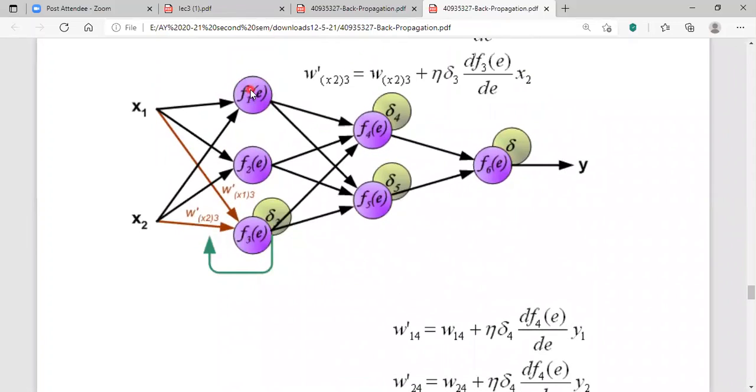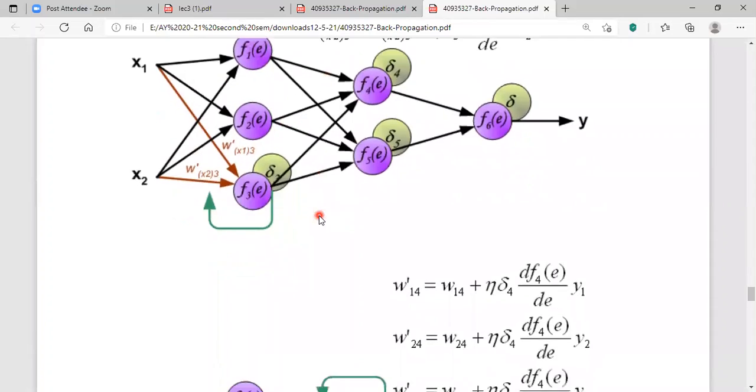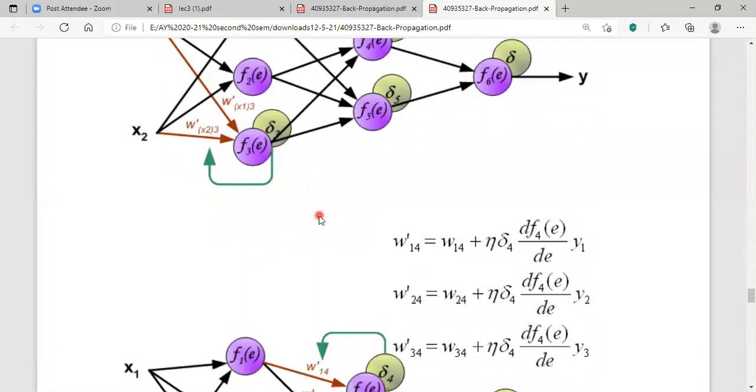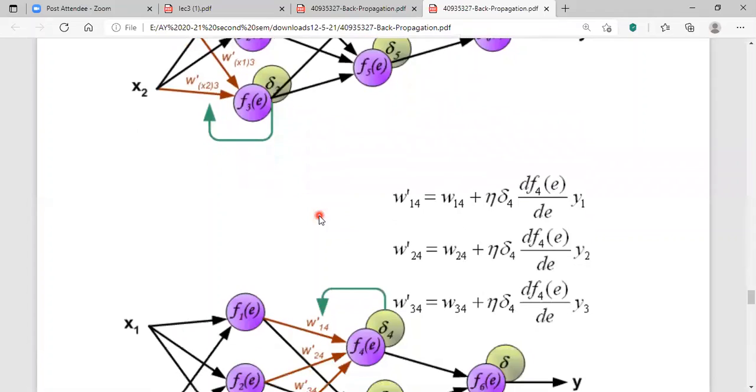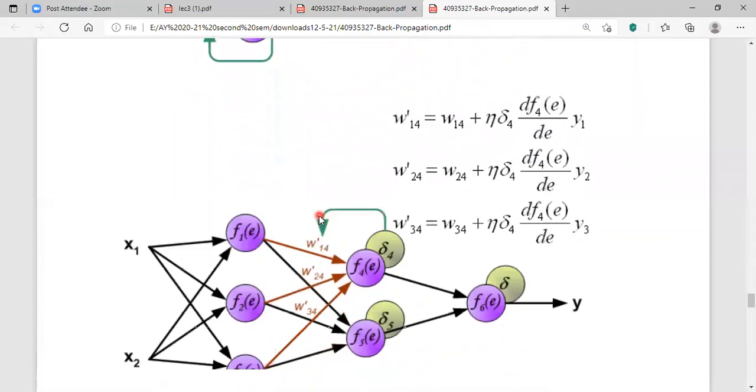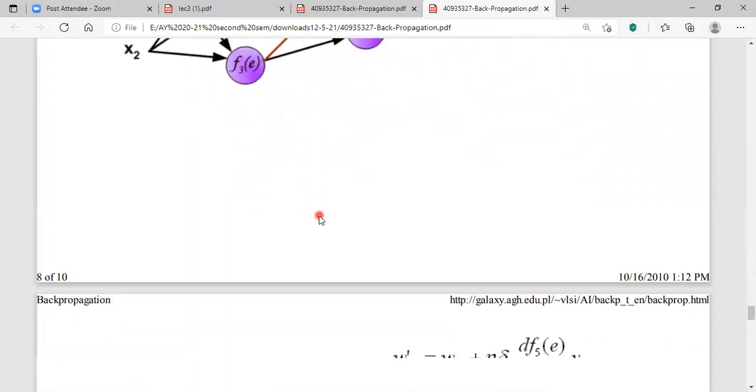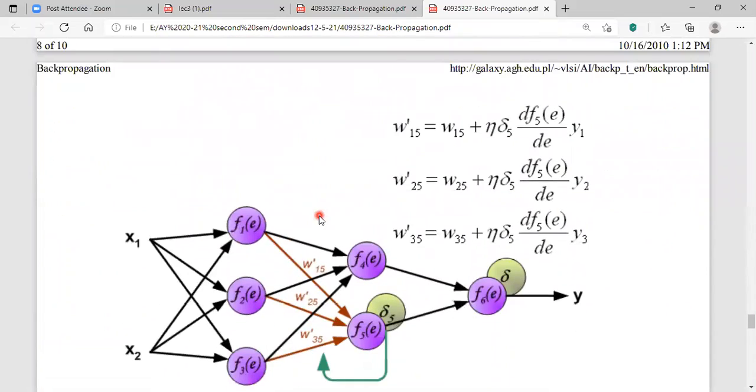So here how many weights you need to update? 1, 2, 3, 4, 5, and again 6. All the 6 you need to update: W14, W24, W34, W15, W25 and W35.